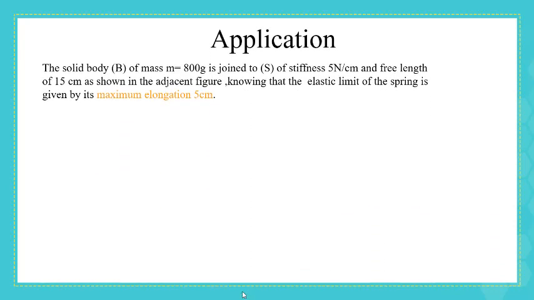The solid body B of mass M equal to 800 gram is joined to spring S of stiffness 5 Newton per centimeter and free length of 15 centimeter as shown in the adjacent figure. Knowing that the elastic limit of the spring is given by its maximum elongation of 5 centimeter.